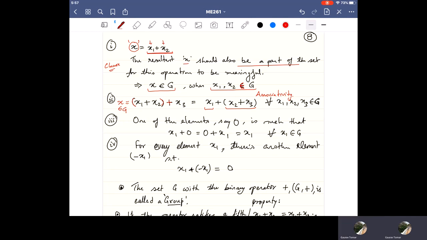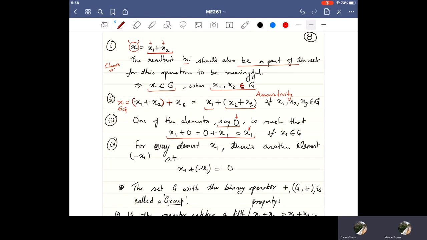Then in this set, there is also a special element which we will denote by, let's say, 0. Now, this special element has the property that when you add any vector to it, it leaves it unchanged. So if you perform an operation between this special element and some vector x1, you will get x1 back.